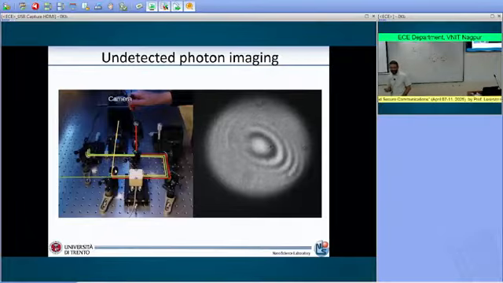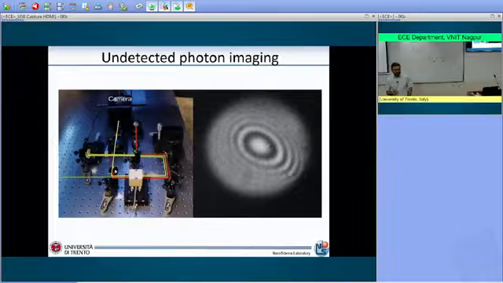And this technique is called undetected photon imaging. And it is a quite strange phenomenon by which we are observing an object without looking at it. That's strange, isn't it? So you see here the red photon. So this is an experiment. The red photons are those photons that are interacting with the object.